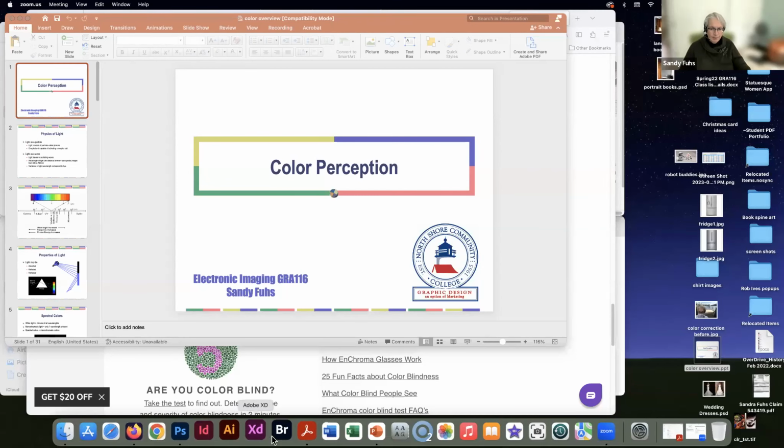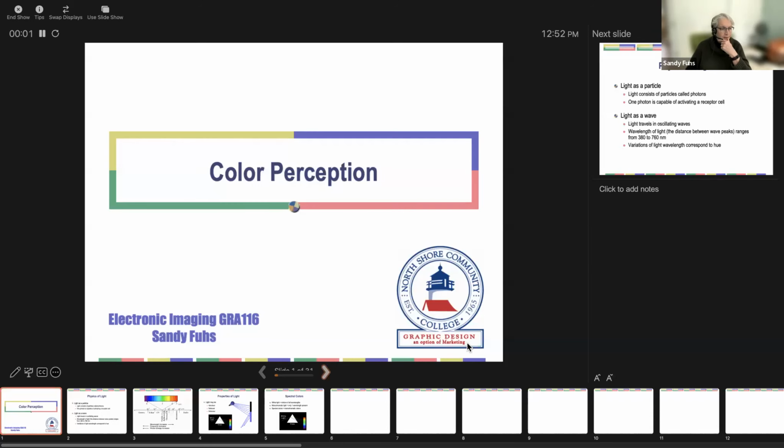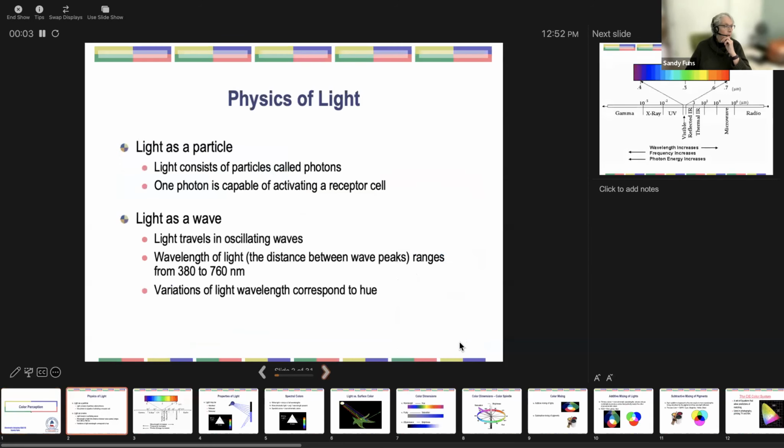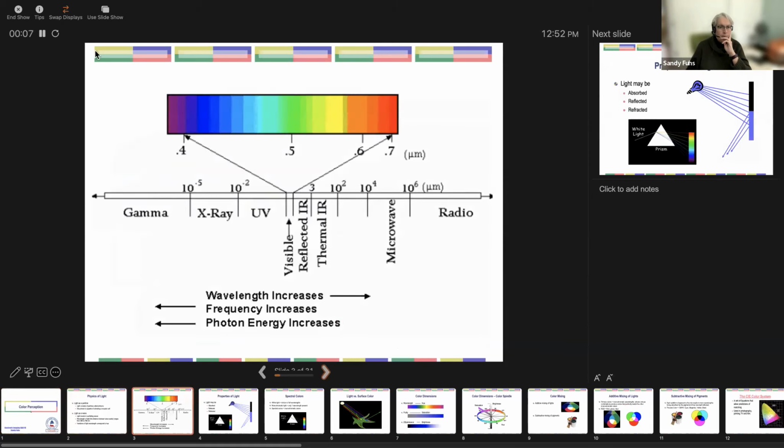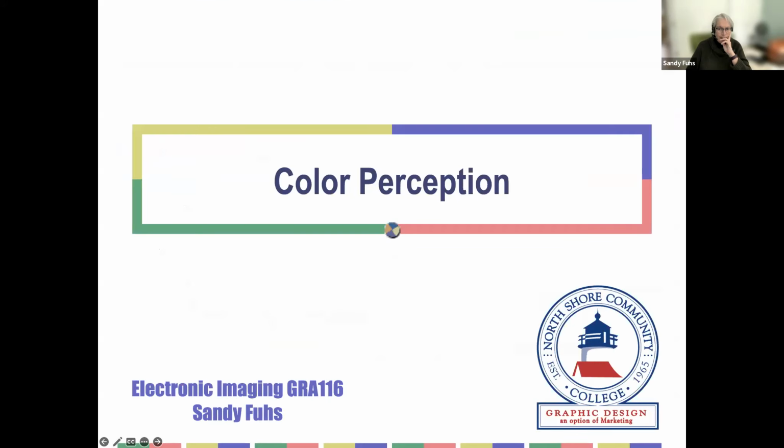So we're going to start there, and I'm going to share that with you. Okay, let me go into full screen mode just so we can see that. This is going automatically, and I don't want it to go automatically.